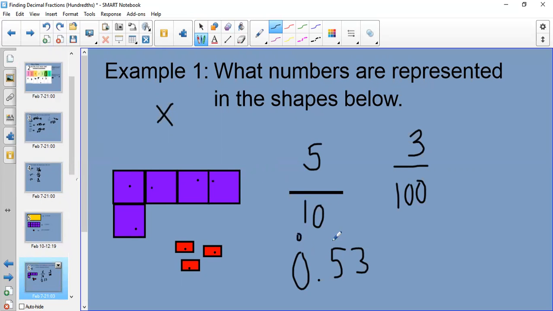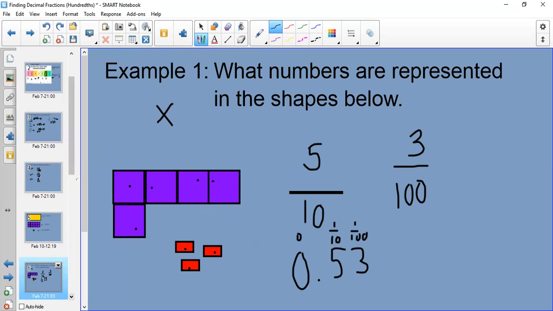This is our tenths column. 5 is in our tenths column. We know that we've got 1, 2, 3, 4, 5 tenths. That's why 5 goes here. In our hundredths column, we know that we've got 3 because we've got 3 little rectangles, 1, 2, 3. So this example as a decimal is 0.53.